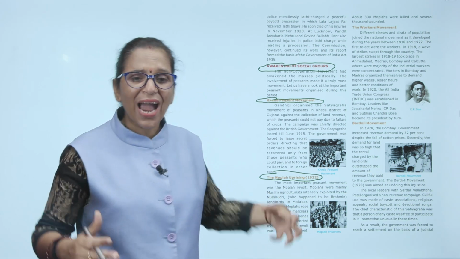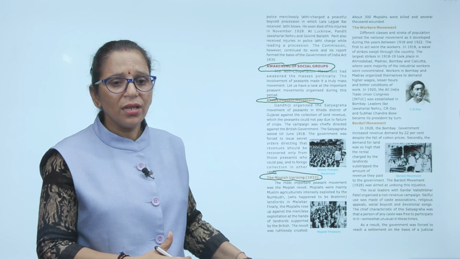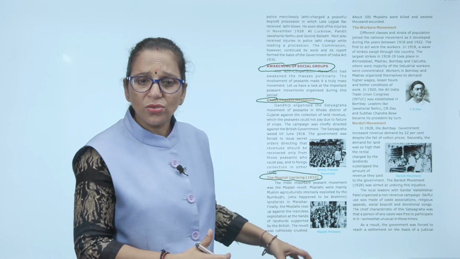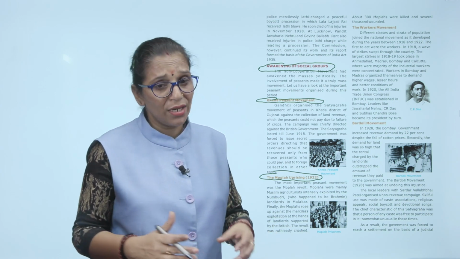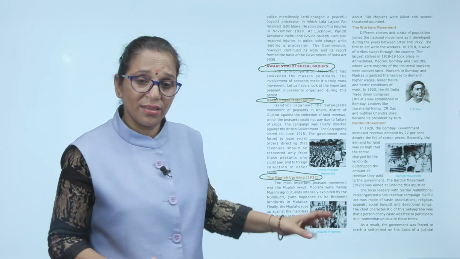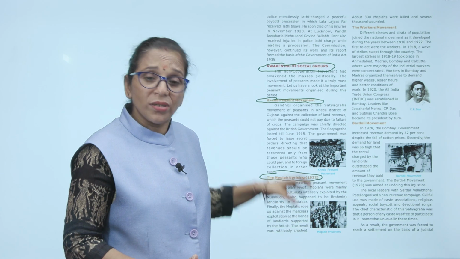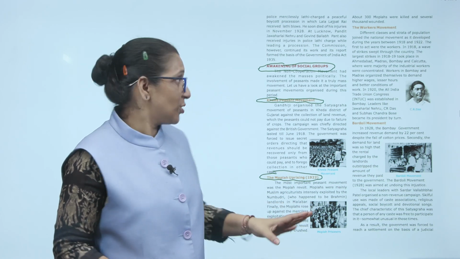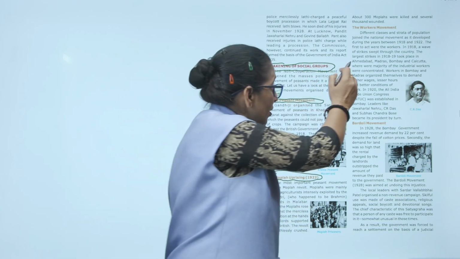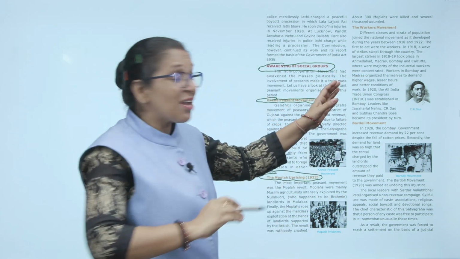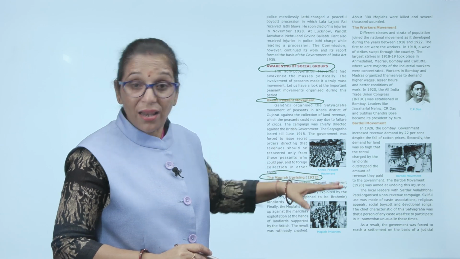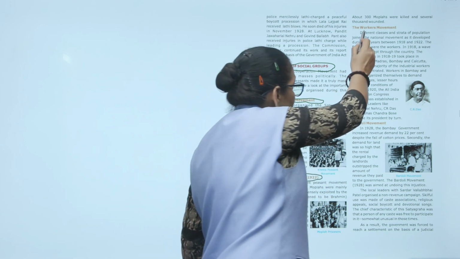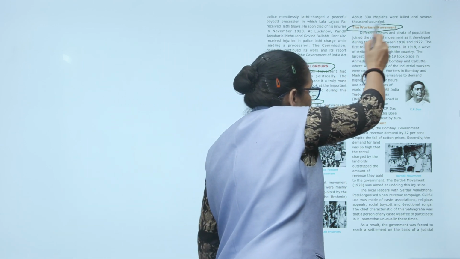They united themselves and revolted against these landlords who were collecting n number of land revenues which they were unable to pay. But their uprising was brutally crushed. 300 Moplas were killed and several thousands were wounded. But see, they rebelled.